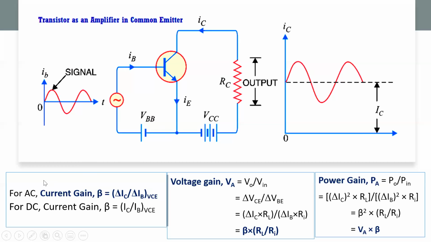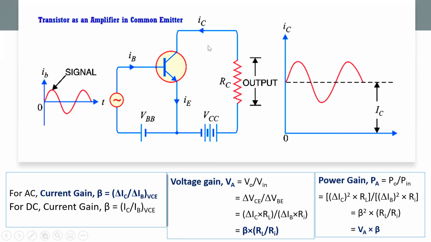Let us see how. For AC, the current gain is expressed by a symbol called beta. Remember, the current amplification factor was alpha, but the current gain is beta. That is equal to output current divided by input current. What is the output current here?